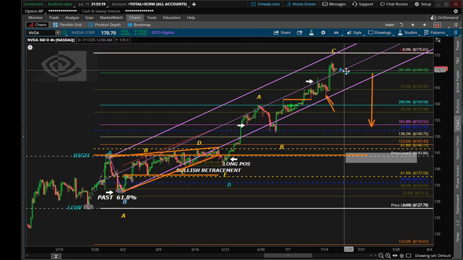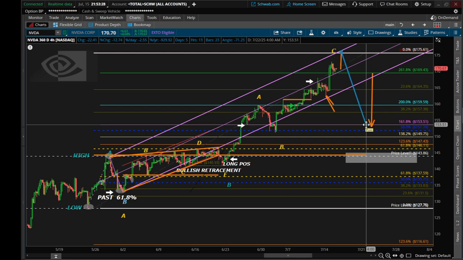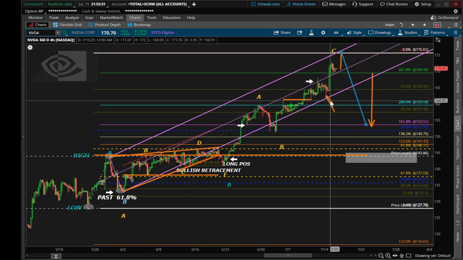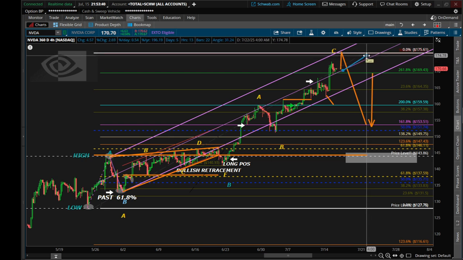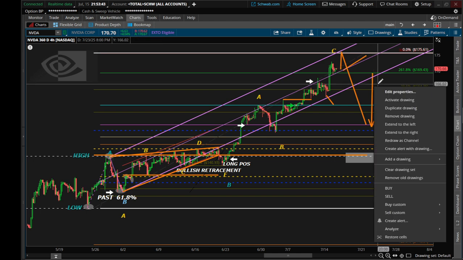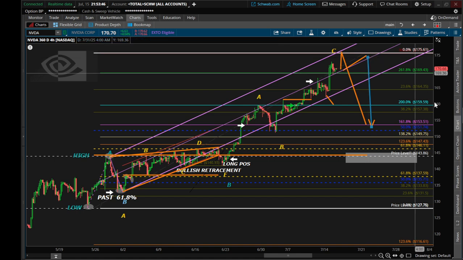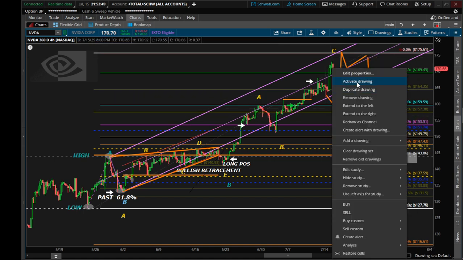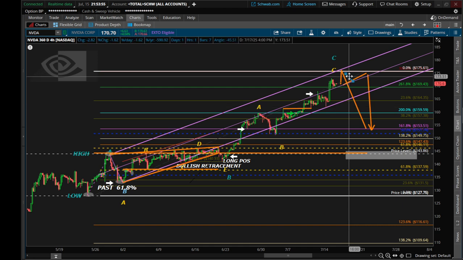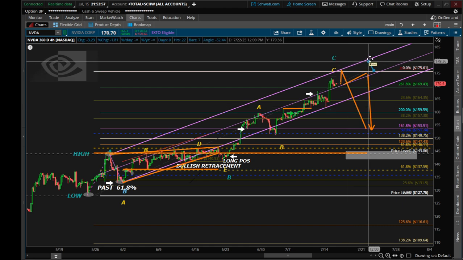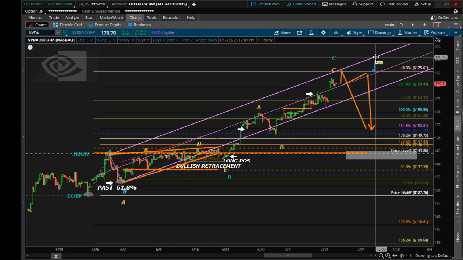So from here, we could either go straight up, hit this, and then come straight down to where I was saying originally, or let's see, we go here, and then we kind of creep up, and then maybe it falls, or we break the 300.